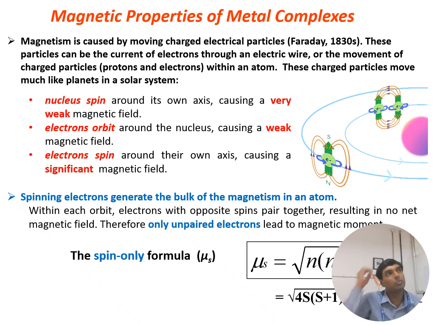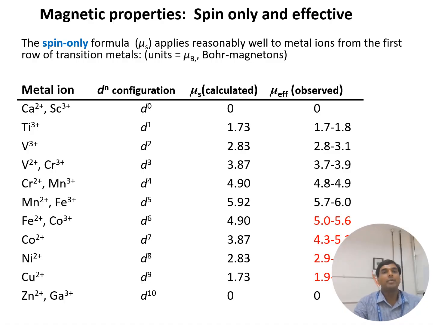So here, the spin only formula is root over n into n plus 2, where n is the number of unpaired electrons, so you can calculate whether a compound is paramagnetic or diamagnetic. For your titanium 3 plus, it's a D1 system, 1.73. Vanadium 2 plus, D2 system, 2.83. Chromium 3 plus, D3, 3.87. And it is matching with the theoretical value.